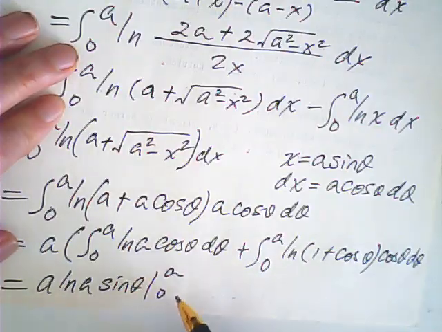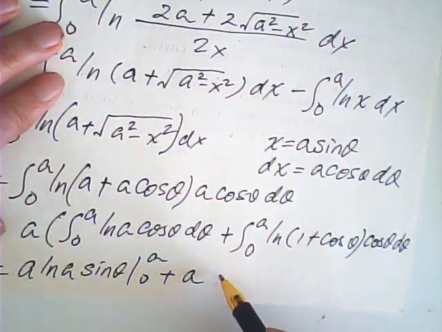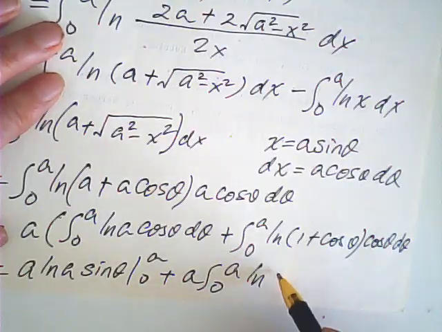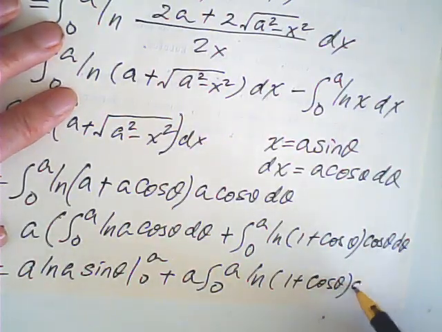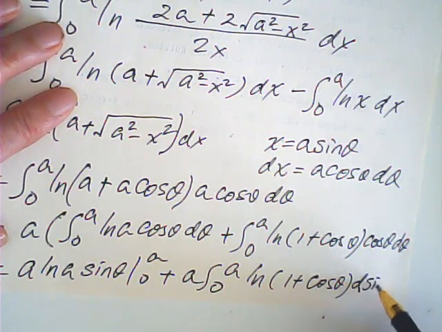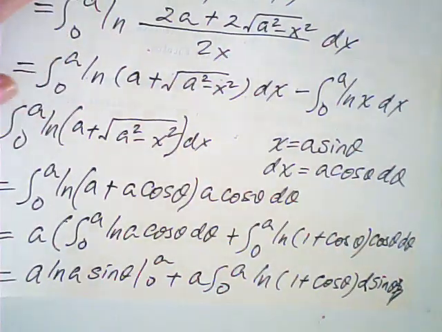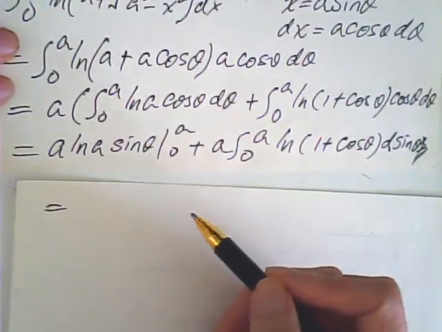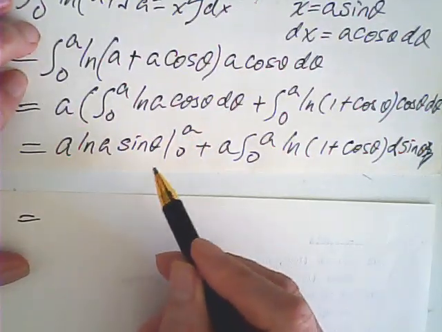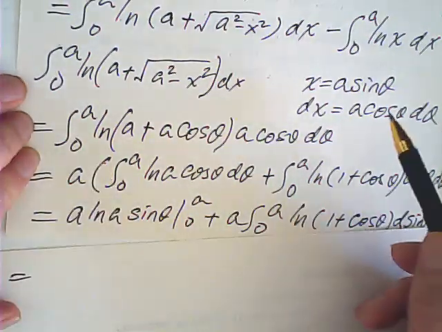This one is a times the integral of natural log of 1 plus cosine theta, which is a d sine theta. Very good. Wait a minute, I have to change the boundary, okay?